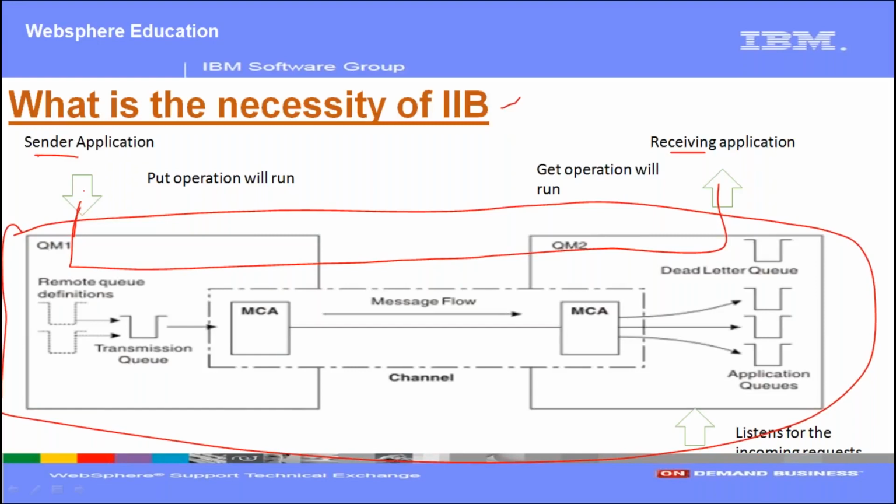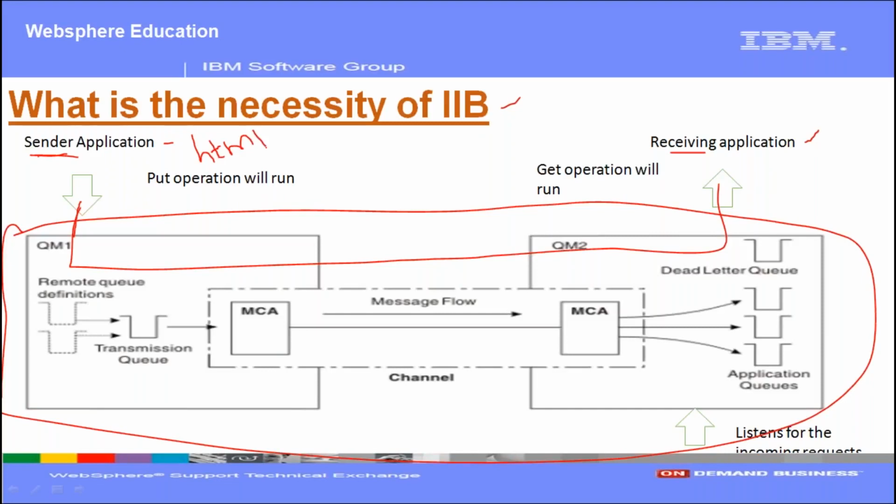Although MQ has the capability of transporting messages from source application to destination application, there is a limitation in it. For example, if a sender application is designed in such a way that it can generate and understand only HTML type of messages, because let's assume that is the business requirement of the sender application.